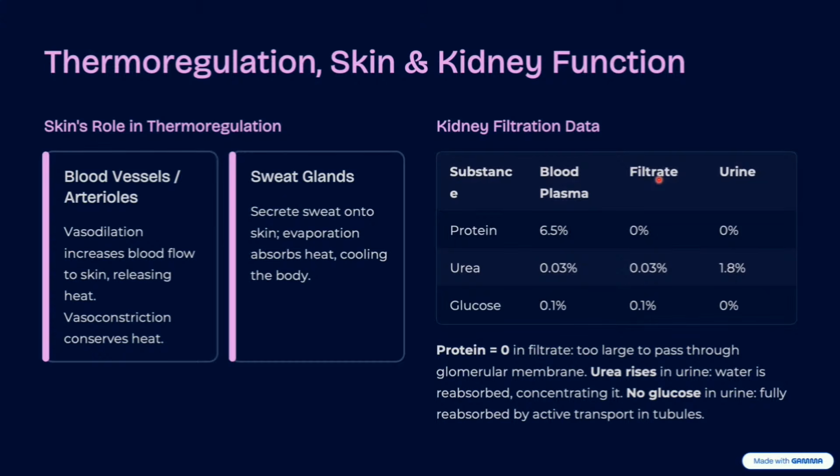So of course the reason why protein is 0 here in the filtrate means that one, protein molecules are too large to pass through the glomerular membrane. So the large size of the protein cannot allow it to pass through the glomerular membrane.